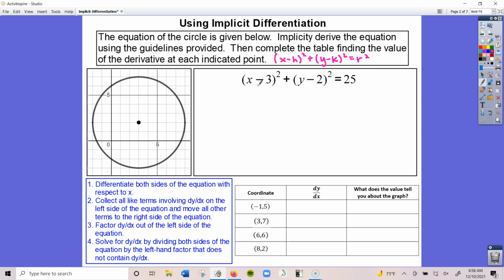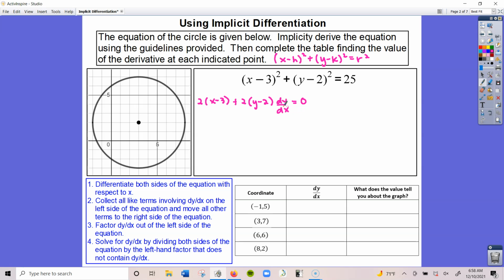Now let's find the derivative. I would have to apply the chain rule for each of these parts. When I apply the chain rule here, this would be 2(x - 3) times the derivative of the inside, which is 1, plus 2(y - 2) times the derivative of the inside. We have a y, so this is dy/dx, equal to 0.